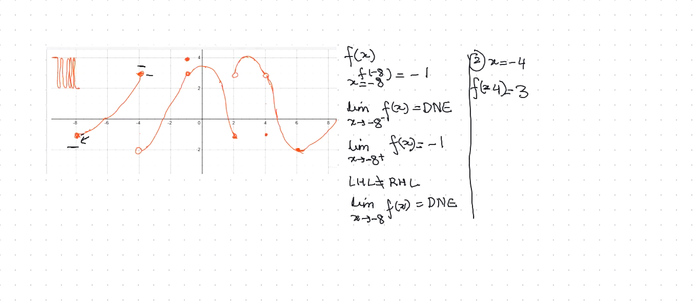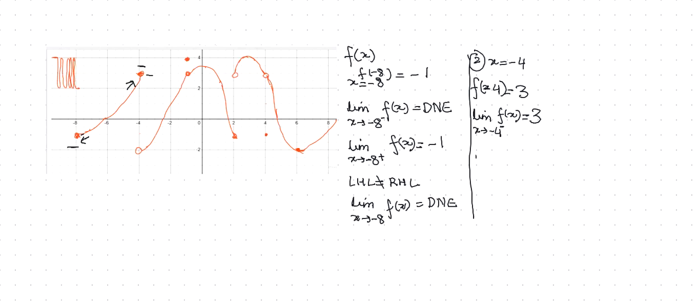Now the limit as x tends to -4 negative means we are approaching -4 from the left-hand side. So we see here that it is approaching a value of 3. So the limit as x tends to -4 negative of the function is 3, meaning the left-hand limit is 3.